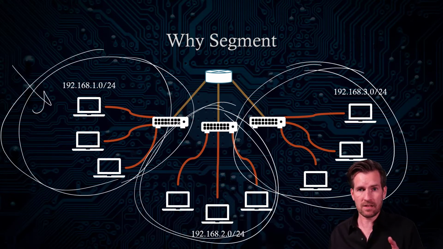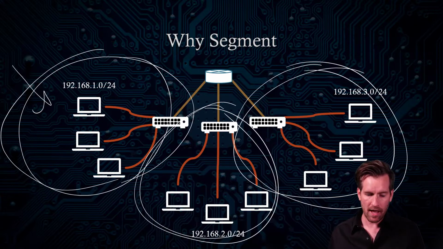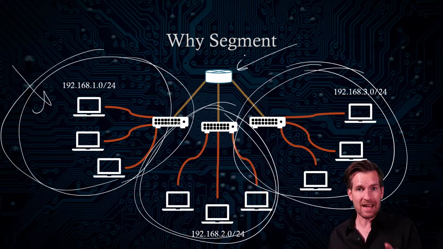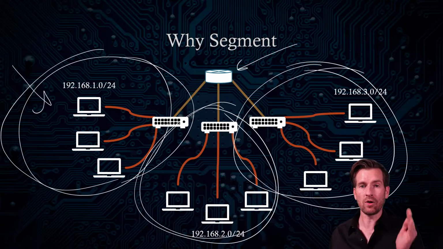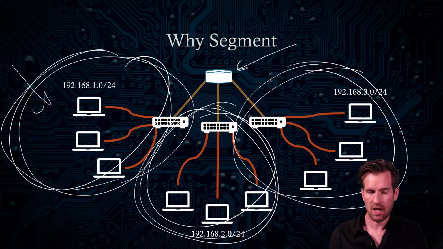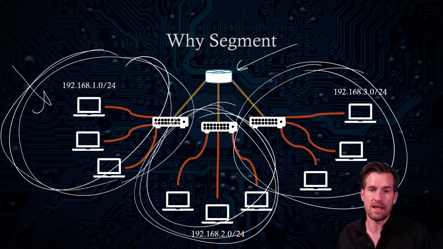So from a security standpoint, we could separate out these networks and it will help us create different limitations on the router so that way only certain traffic gets routed from one network to another. So we're really able to buckle down security and make sure that these networks are secure.